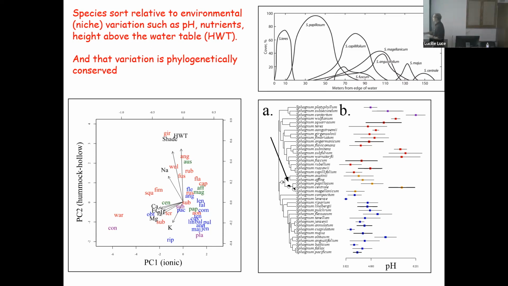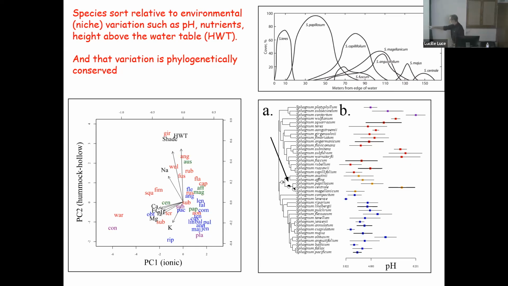The species sort very regularly with regard to hydrological gradients, along this one, from the margin of a peatland to the center. This figure is accumulated data from 50 years of peatland ecology, showing how species sort themselves out relative to cations especially.